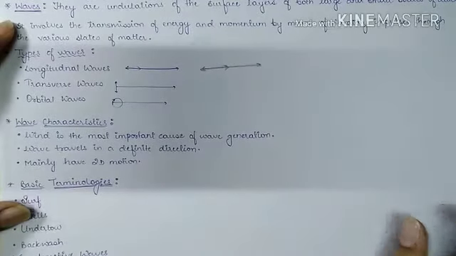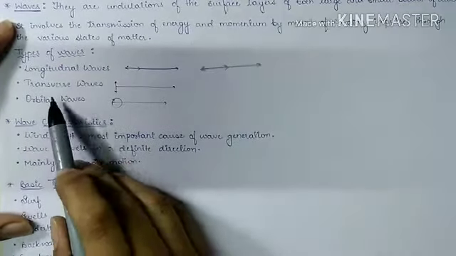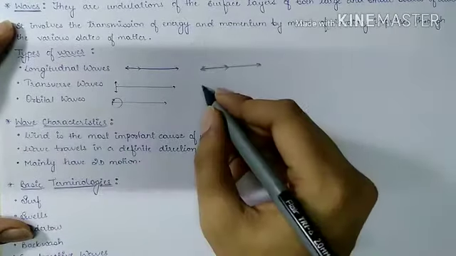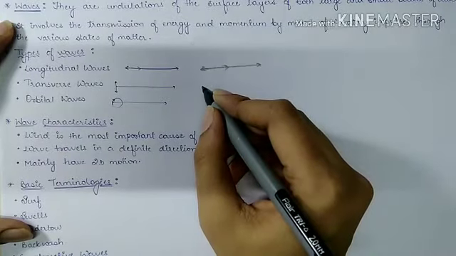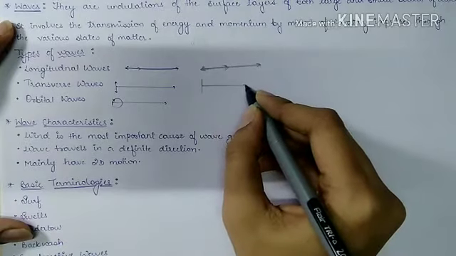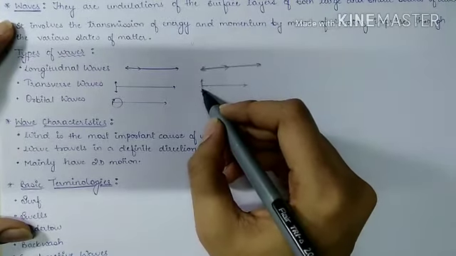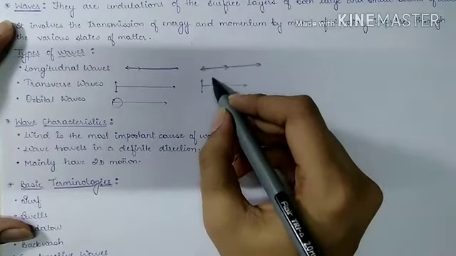While in a transverse wave, the movement of the wave is perpendicular to the direction of movement of water. So here the movement of the wave is up and down.